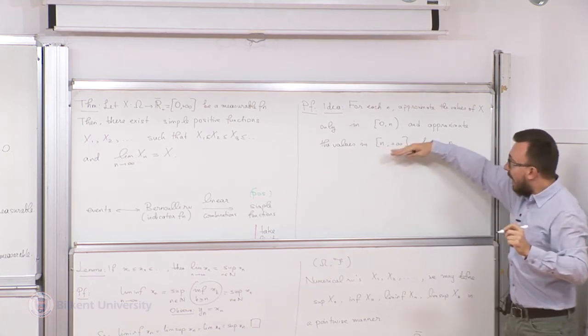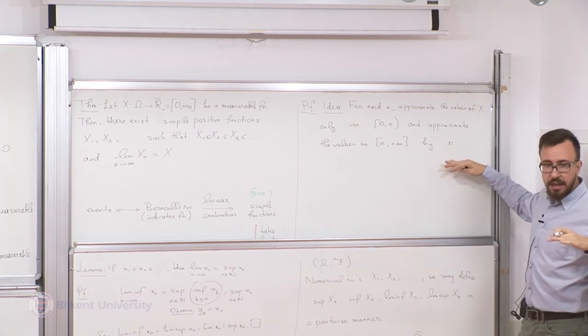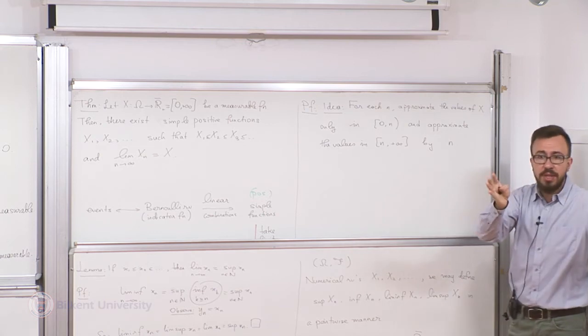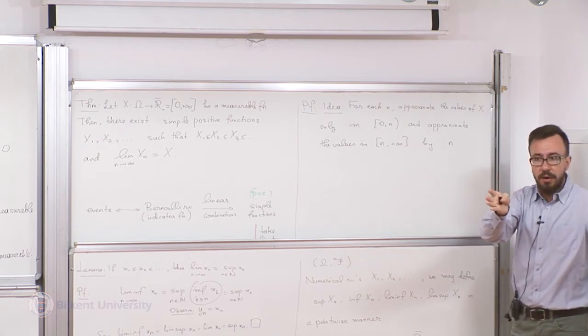So if X is above n, just approximate it as n, namely ignore the values after n, but do some fine approximation between 0 and n. Okay?